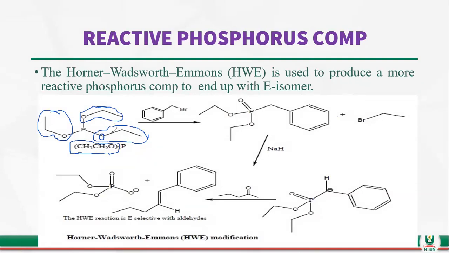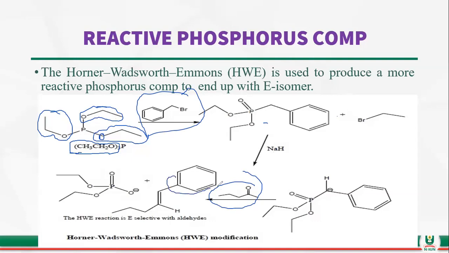And that leads to the formation, when you react it with this benzyl bromide, of the phosphonate ester. And when the ester is reacted with sodium hydride in the presence of the ketone that you want to react with, it forms the carbanion salt and therefore allows the reaction to proceed through that route to get the E isomer.